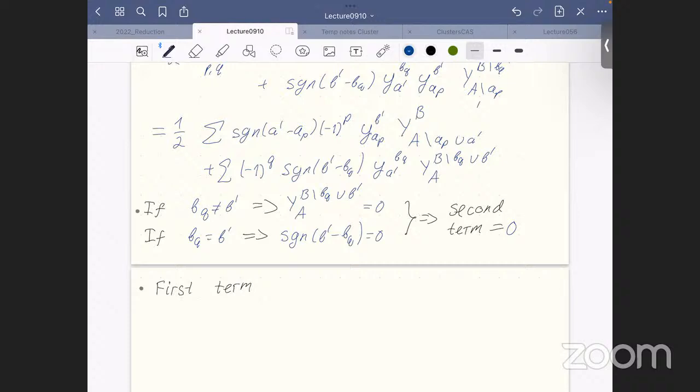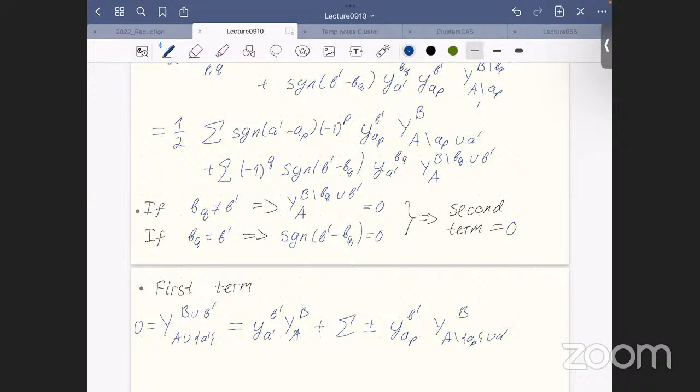And for the first term, let me note that y(a, a'), (b, b') is equal to 0. Again, for the same reason, we have the same two columns. And this is equal to y(a', b'), y(a, b) plus some signs. Let me ignore them for the moment.